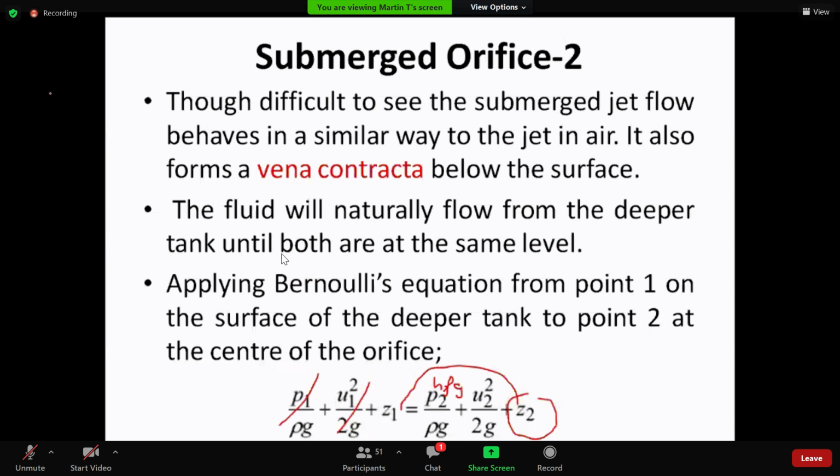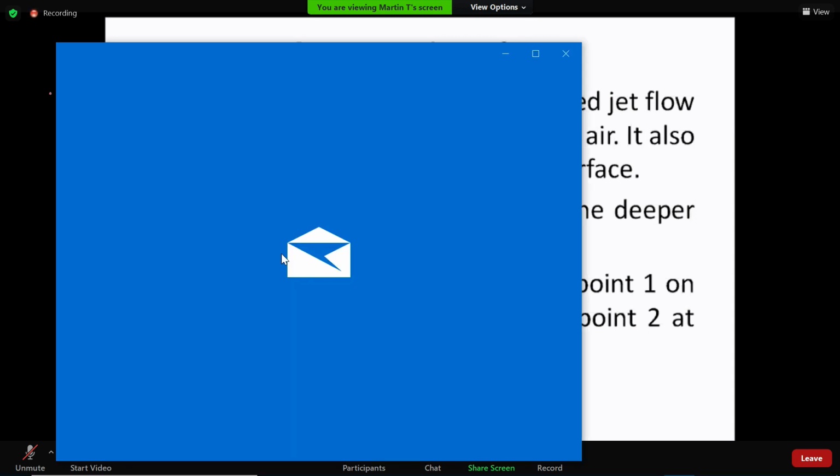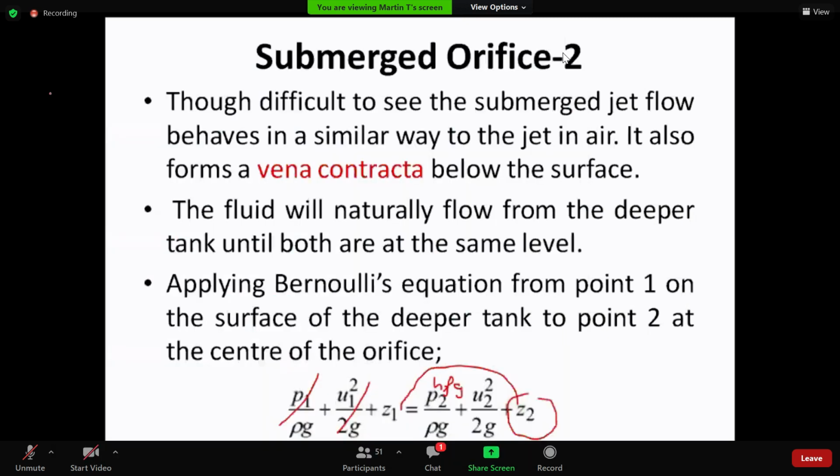But if it's a fluid of different density, then this principle about the vena contracta may not work, because once it's a different density, that is flow against friction.